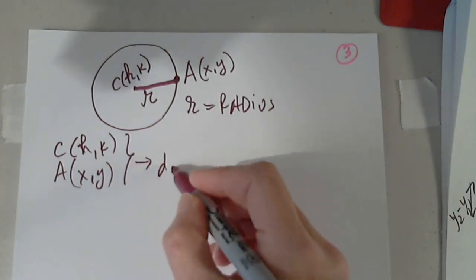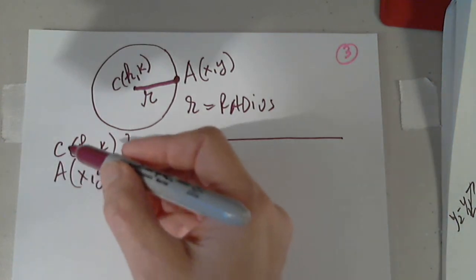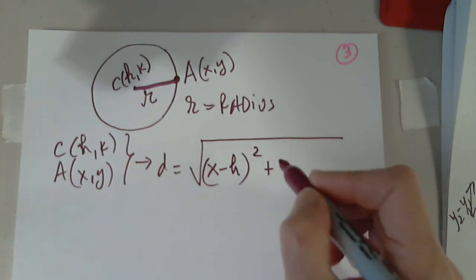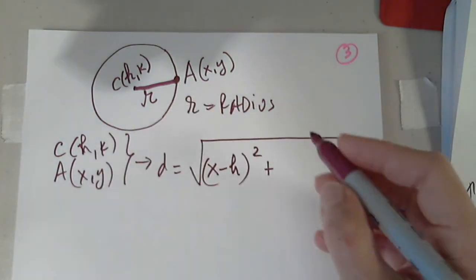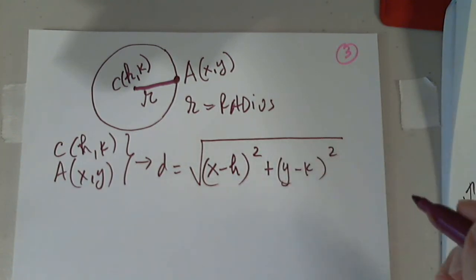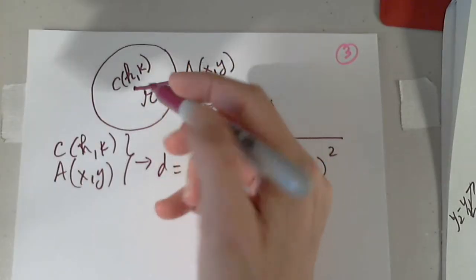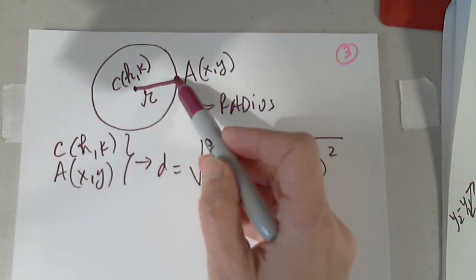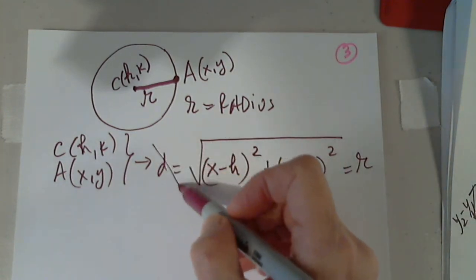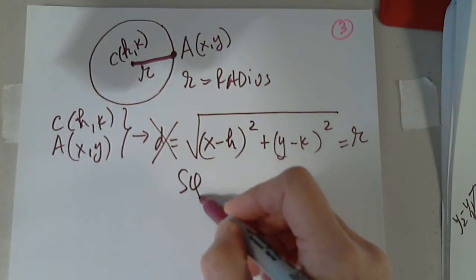And I'm going to write the distance as being the square root of x2 minus x1, x minus h, everything squared, plus y2 minus y1, everything squared. And this distance is the same as the radius, right? The distance between A and C, exactly the same as the radius. So there is no need to write the distance. I will replace it by r. I am going to square both sides.